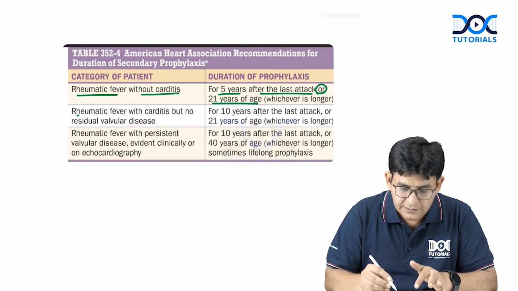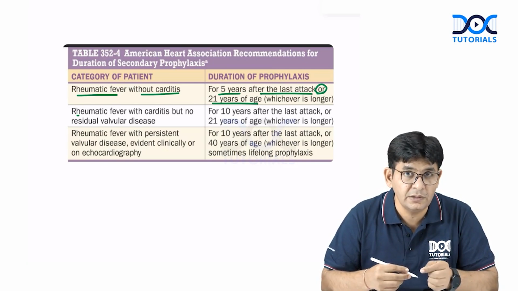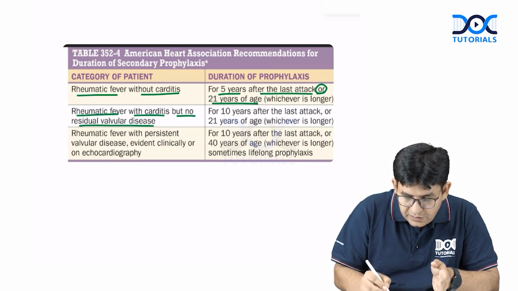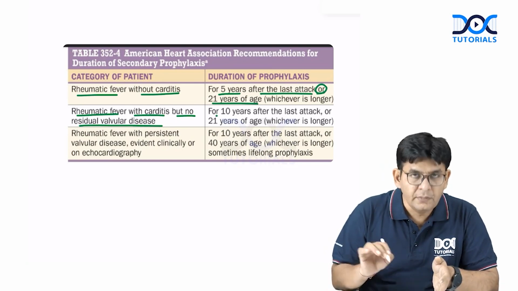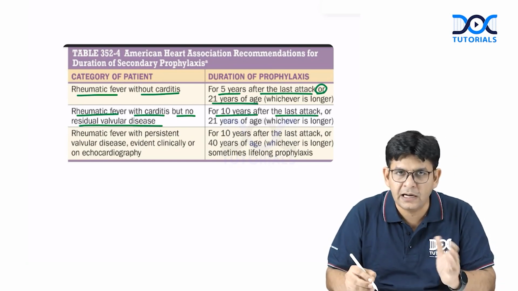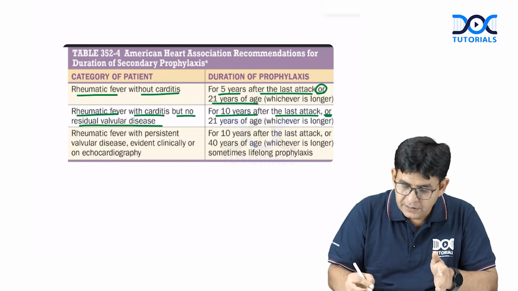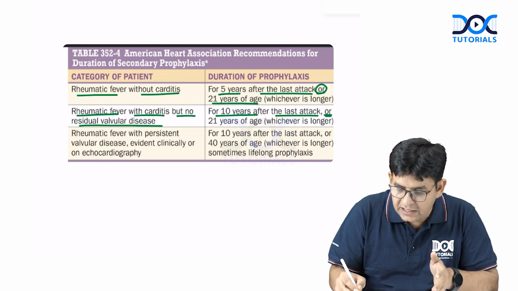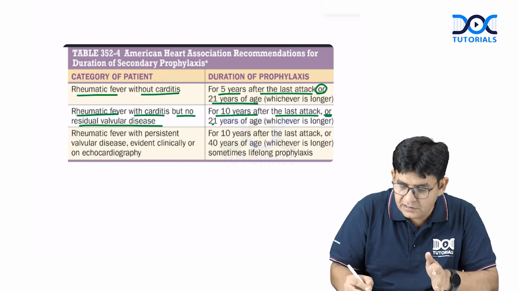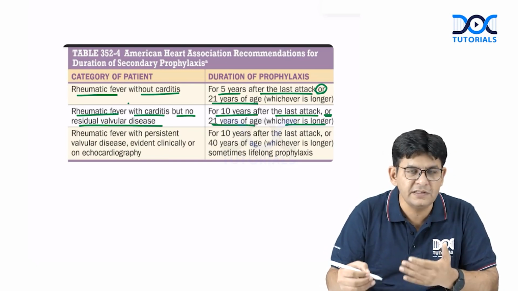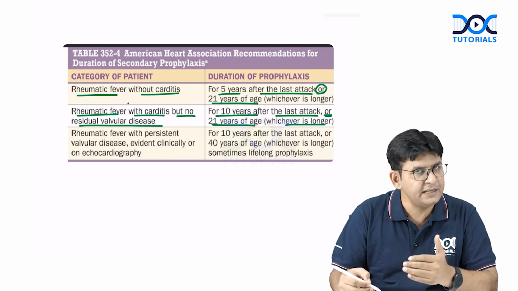Now for rheumatic fever with carditis but no residual valvular disease, it is 10 years after the last attack or 21 years of age, whichever is longer. Previously it was 5 years and 21 years, and now it is 10 and 21.